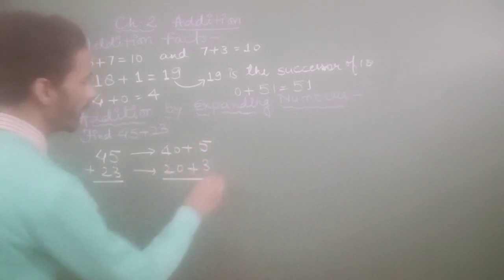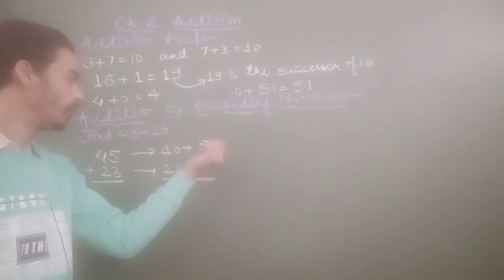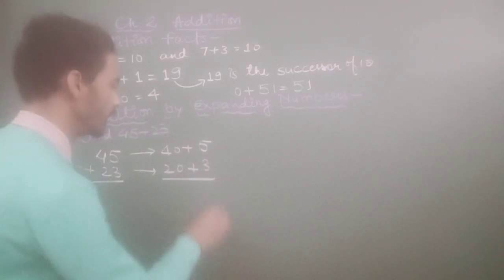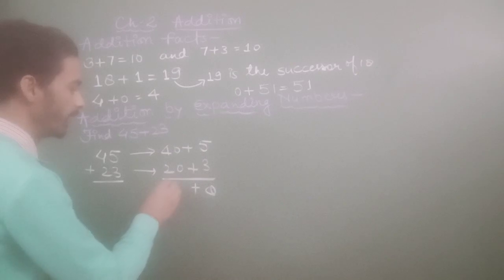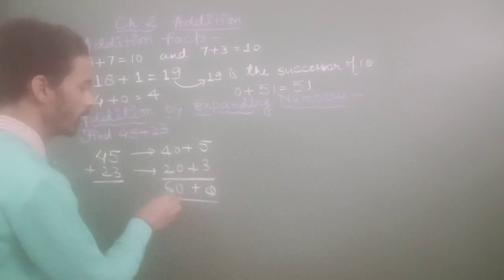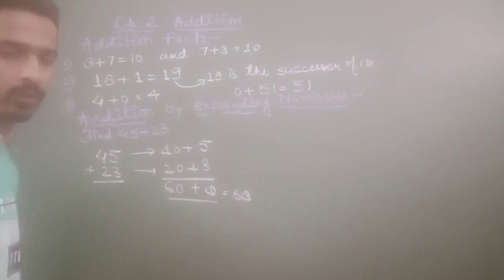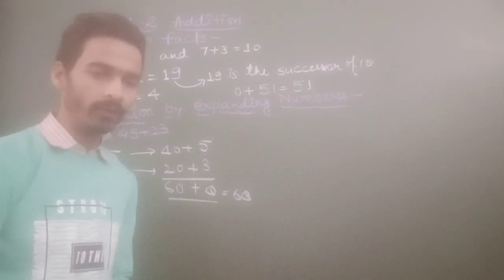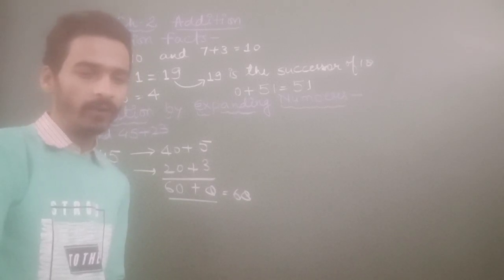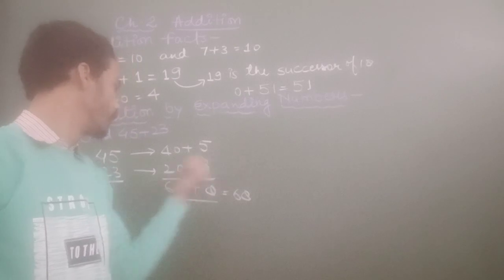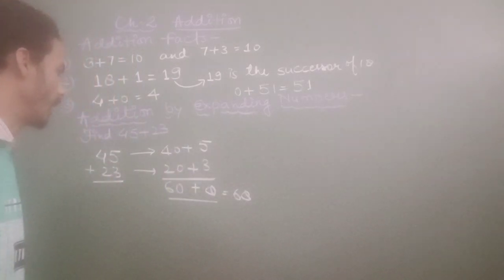Now we can add them. 5 ones plus 3 ones is 8 ones, and 4 tens plus 2 tens is 6 tens. So 60 plus 8 is equal to 68. Break 45 into 40 and 5, and break 23 into 20 plus 3, and now you can add.